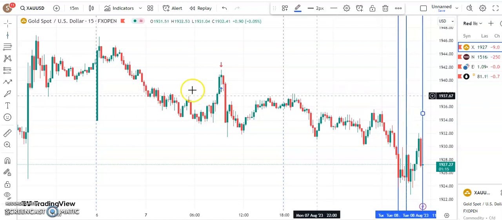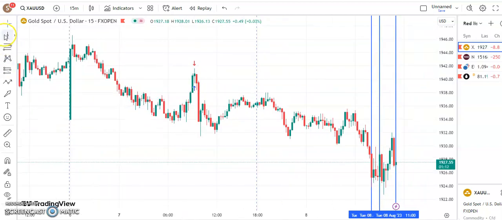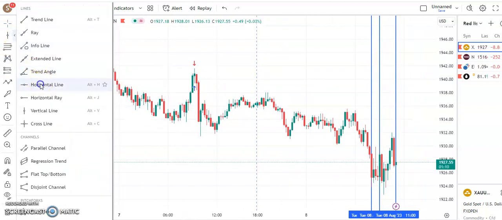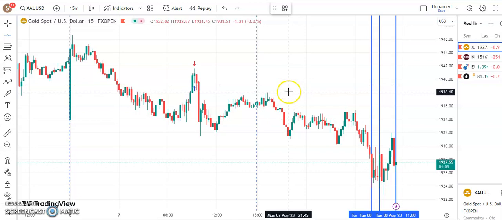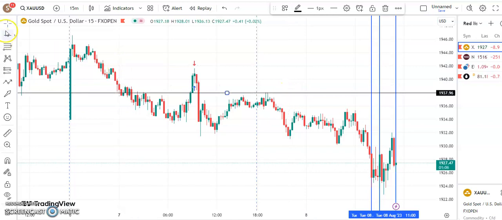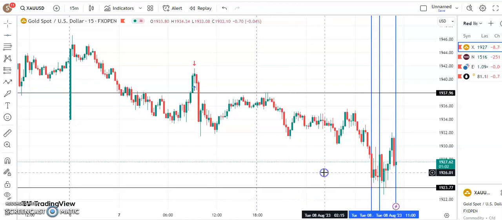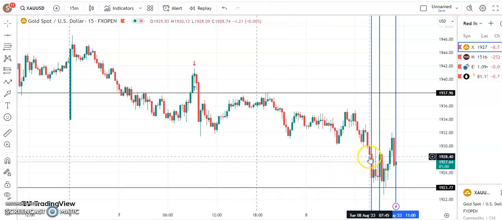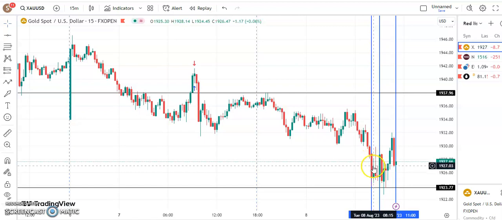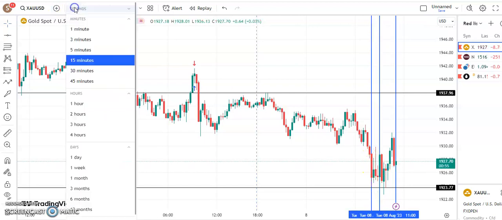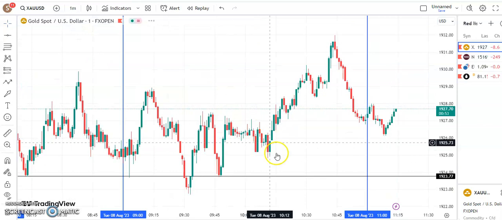The session is ending. Okay, now when I am analyzing this, I'm looking at, now this is Monday day 1. We have the high of the day there, and then we have the low of the day setting our timing window from 8 to 9. Let's look at it in the 1 minute time frame. You'll understand.